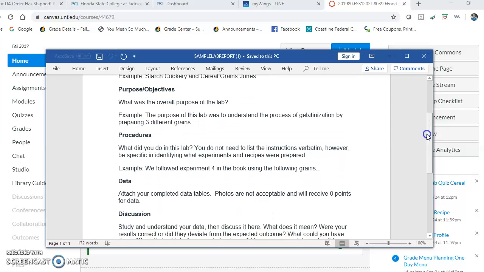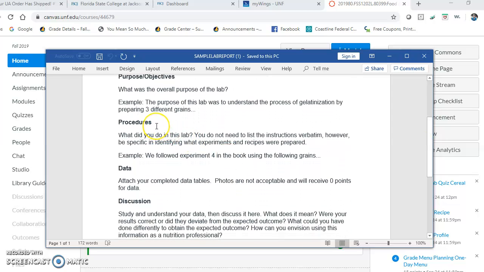After the purpose is the procedures. What did you do in this lab? Now please keep in mind you do not need to type out word for word what you did, but you need to be specific in telling me what experiments and recipes that you prepared.